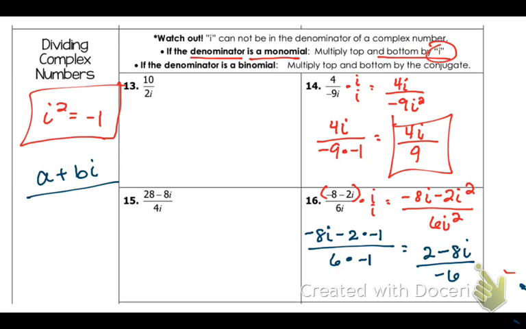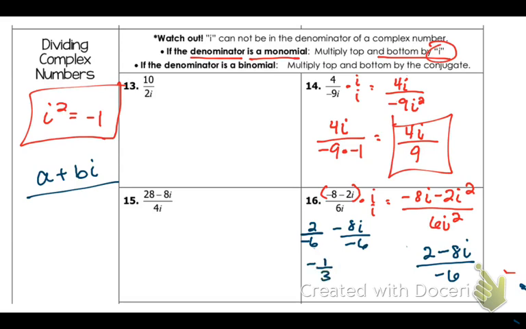Now, if you write these separately, you can actually simplify them. So for example, I'm going to actually erase some of this so you guys can see. If I rewrote this as 2 over negative 6 minus 8i over negative 6, I'm going to simplify that. This is going to end up being negative 1/3.